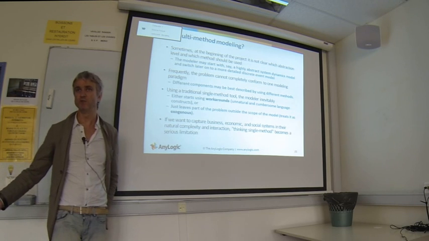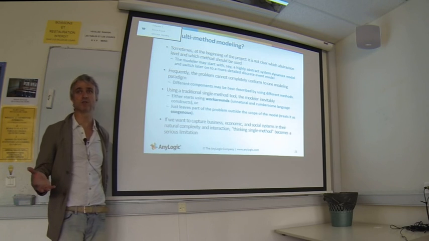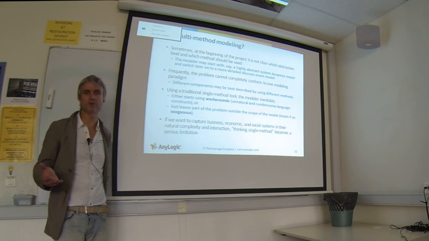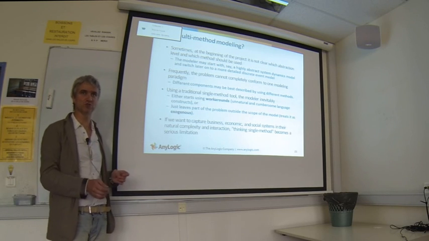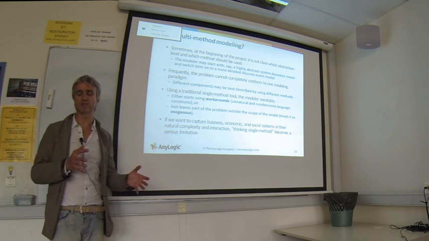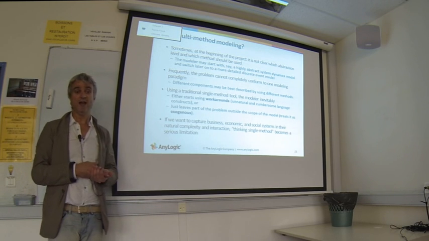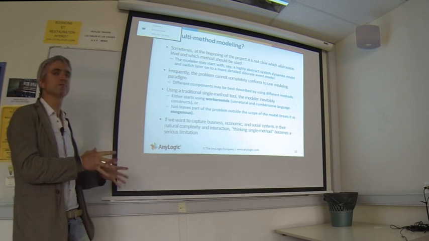What if you don't know? You're dealing with a problem as a modeler, and you're not really sure whether this model falls into system dynamics, discrete event, or agent-based methodology. It's good then when you can try one method.